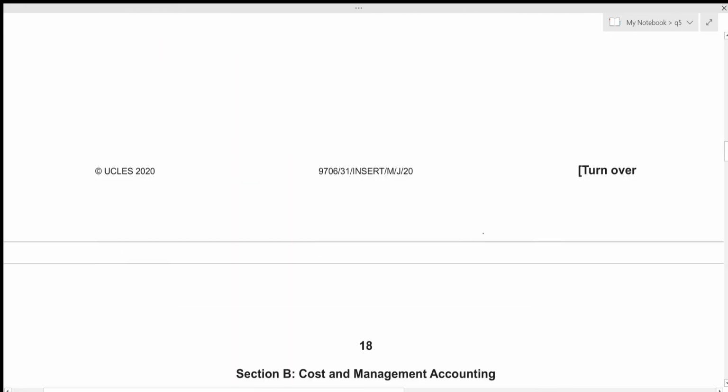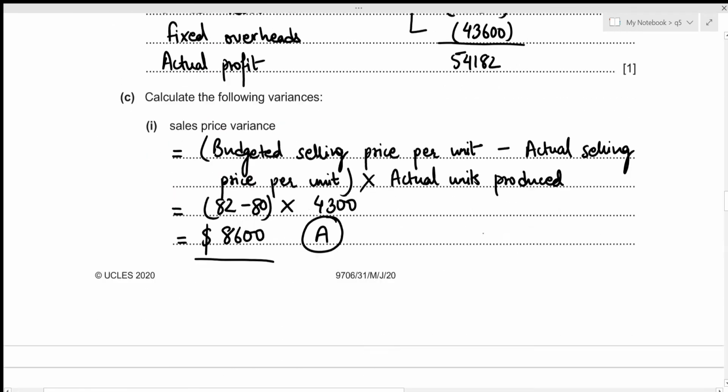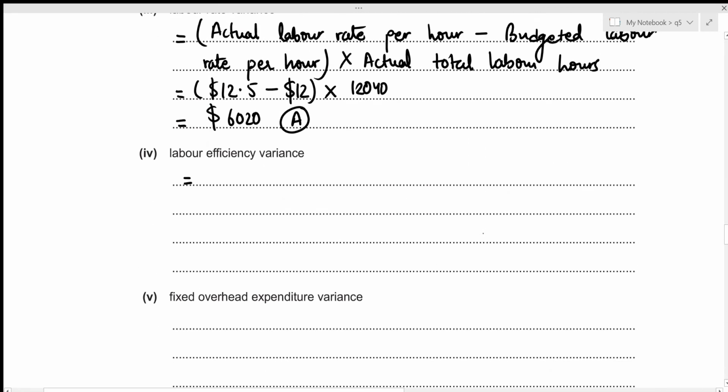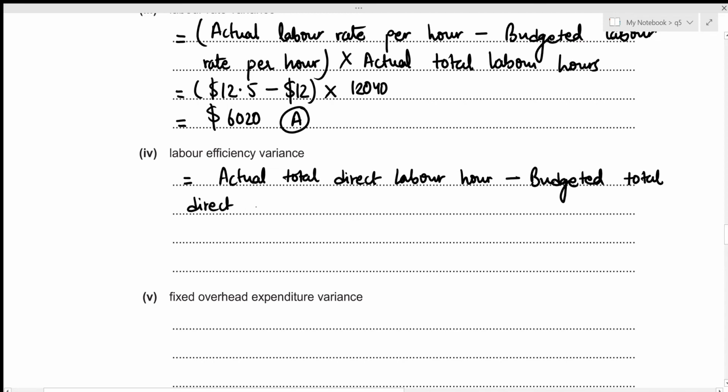So let's write down our formula. We will be subtracting the budgeted total hours from the actual one. So that's actual total direct labor hour minus the budgeted total direct labor hour, and we just need to multiply it with the budgeted rate per hour.